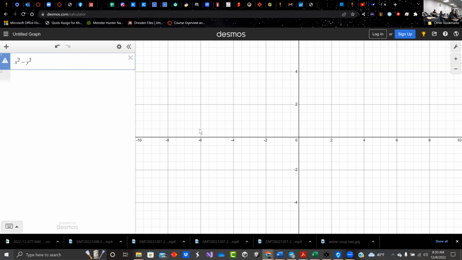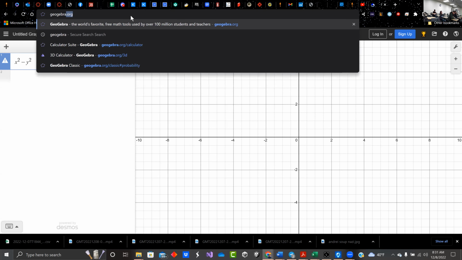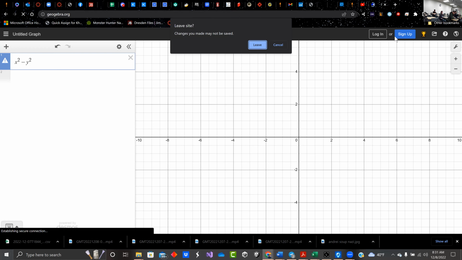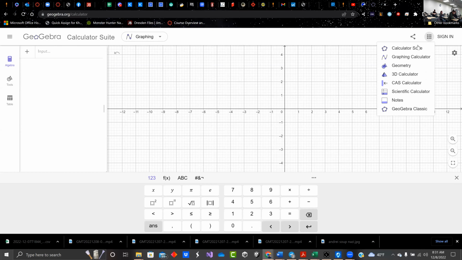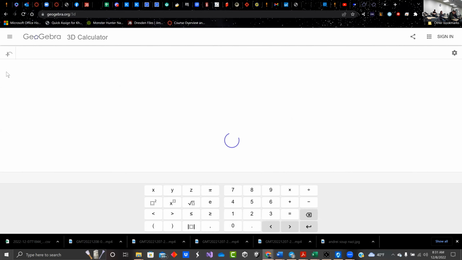I'd rather do it in GeoGebra. Give it a try over there. GeoGebra doesn't always want to load for me though. Do you sort your tabs based on the icon or what? Okay, put it in 7.